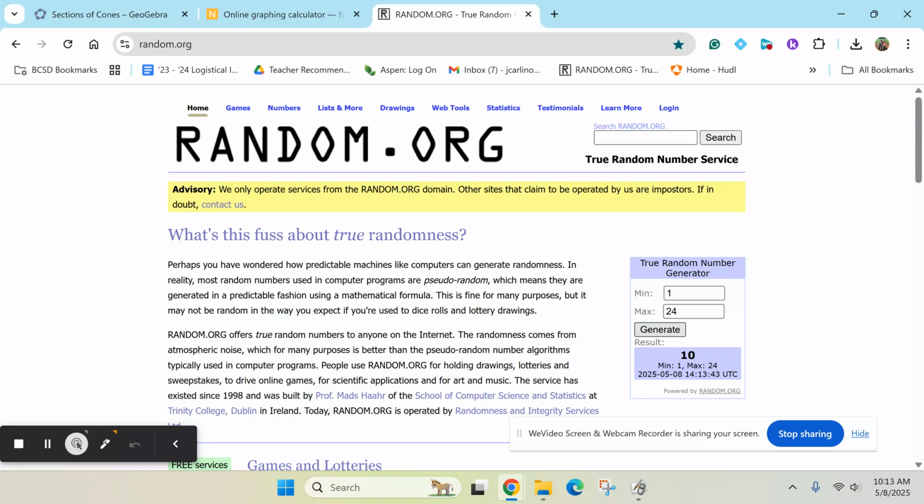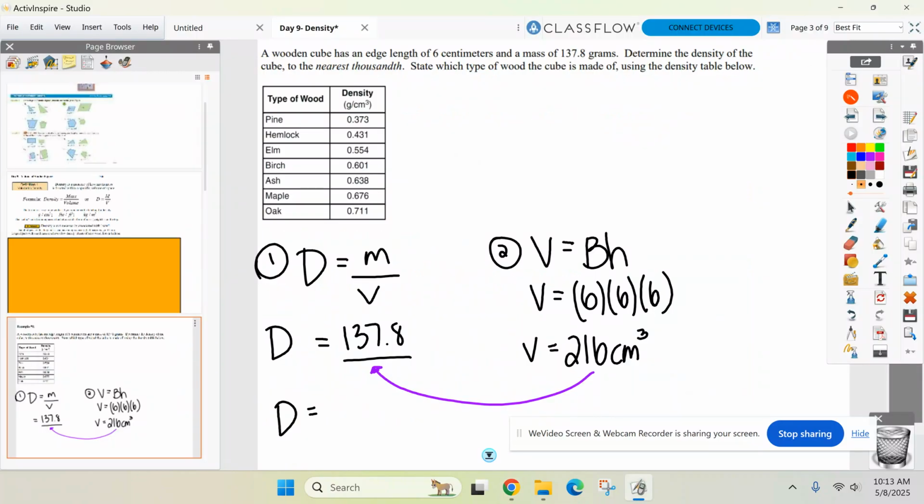And our density, DJ, what do you have? When you have it calculated, not when your group mates have it calculated. You're dividing 2 numbers. 0.638. Okay, good.